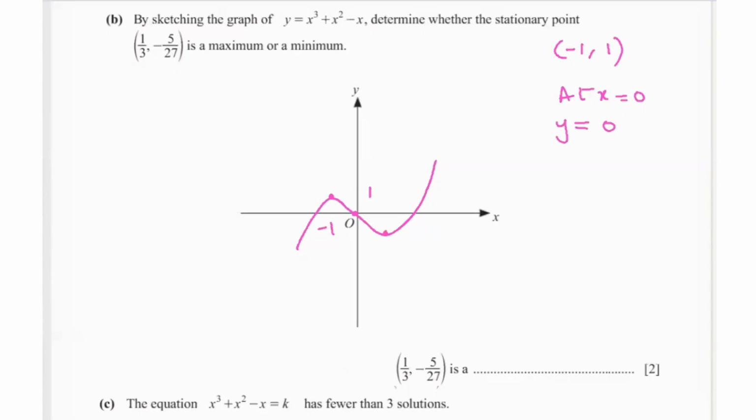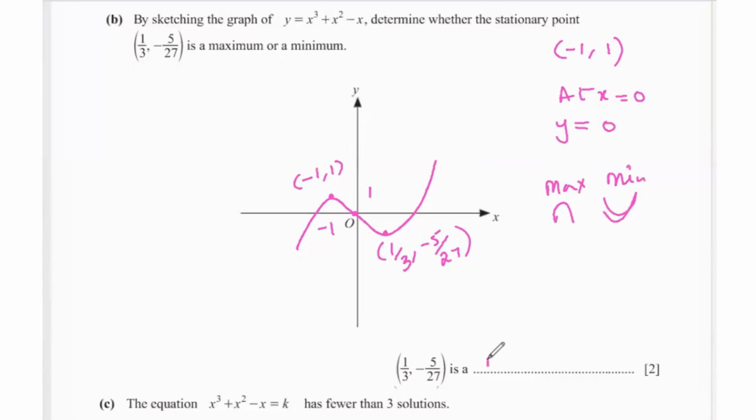So now based on this rough sketch that we have, this is our -1, 1. This is our 1/3 and -5/27. So we can see that at point 1/3, -5/27, it's minimum because the graph is a happy face. If it's upside down, this is max. So this is max, this is min.